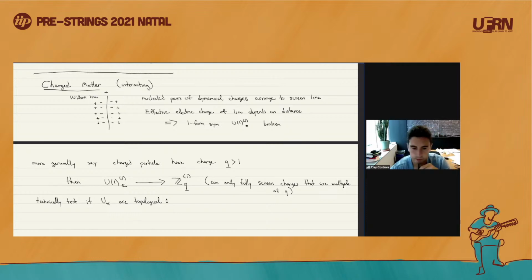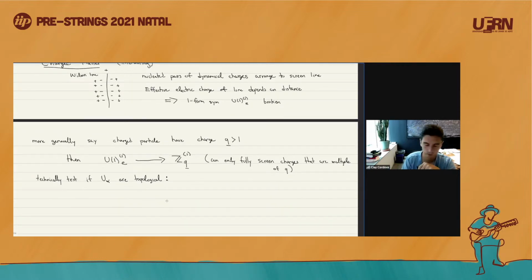We consider the exponential of i alpha integral over some 2-surface sigma 2 of star F. This was our U alpha for the U1 electric one-form symmetry. We'd like to see whether this operator is still topological in the presence of dynamical charged matter.